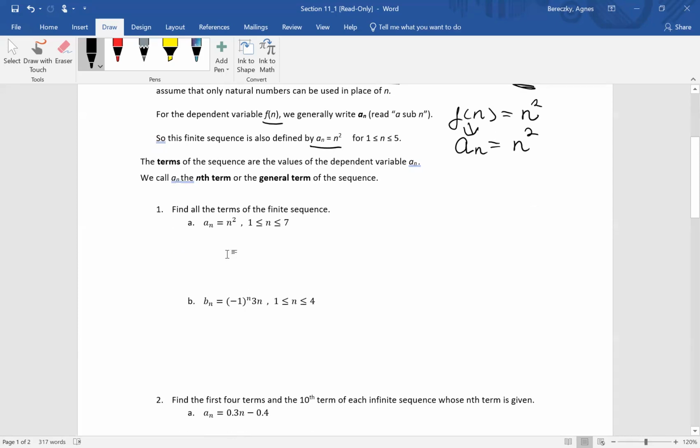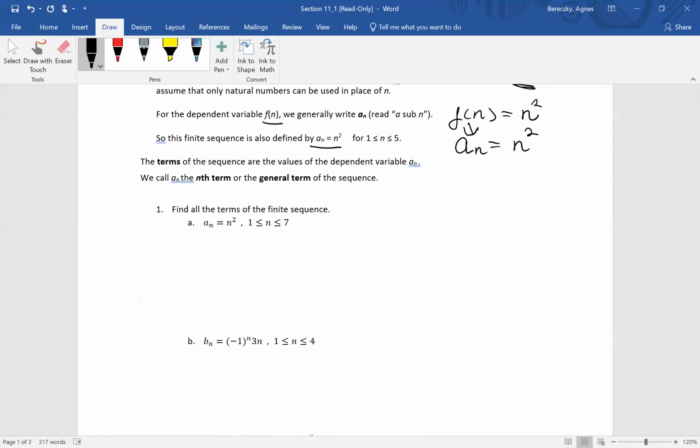Find all terms of the finite sequence. Our first example has n between 1 and 7, so we're going to list 7 terms. A1 means you're plugging in 1 for n. 1 squared is 1. A2 means plugging in 2 for n. 2 squared is 4. A3: 3 squared is 9.